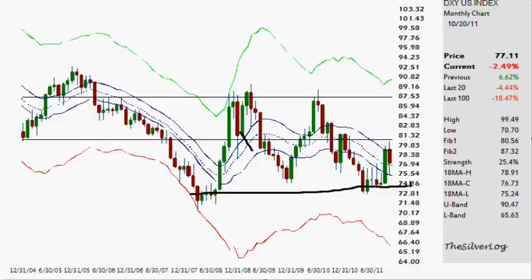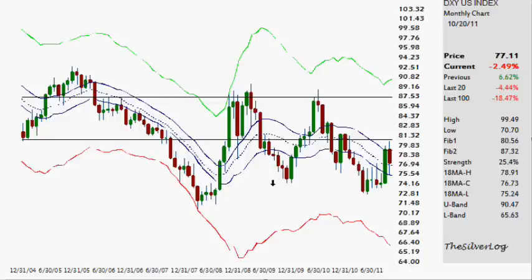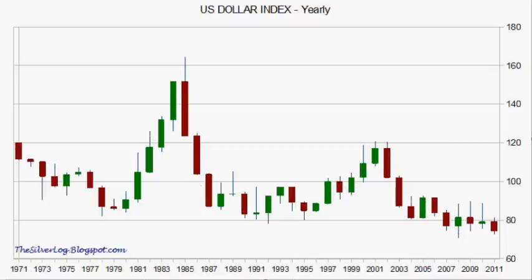But basically, if we do break down below this bigger level of support, and I think 70 spot even is a good number to use. The number that I have from freestockcharts.com is 70.7 as the low from 2008. And what that states is that they're tumbling further than the other currencies. I just went through some of my archives to find one of my older Dixie charts, and this one was done in the summer of this year.